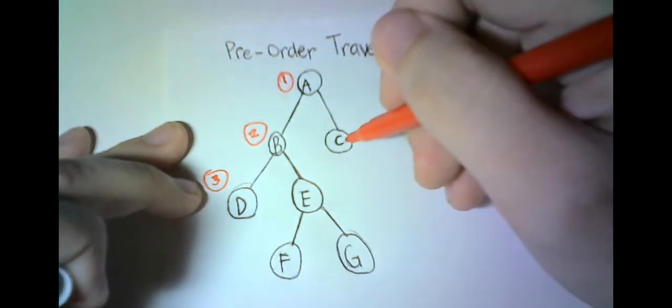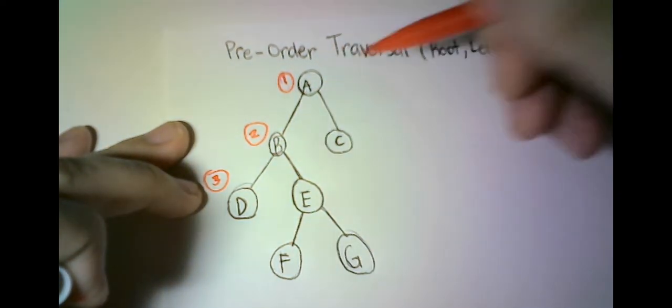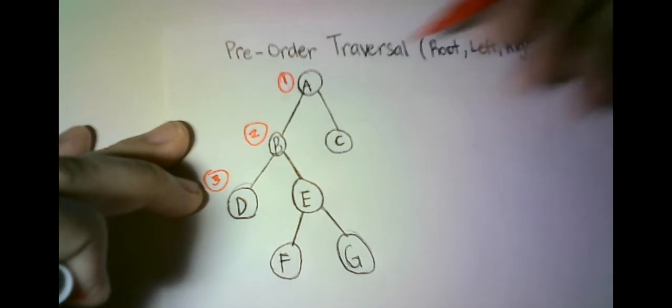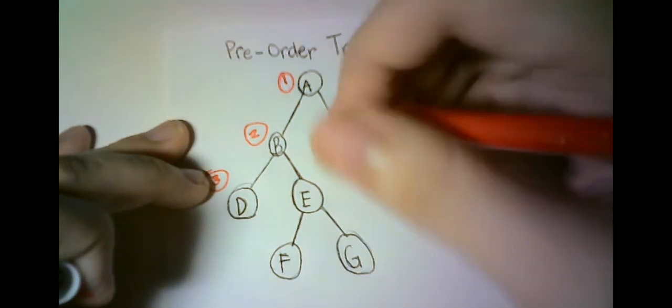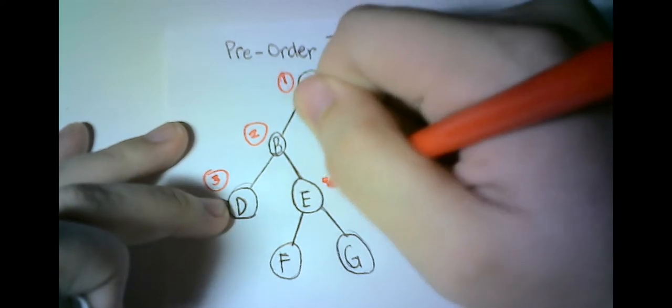It doesn't go to C here because B still has children nodes. Following the format, root, left, and right, now we are down the left, which is node D. Then we go to the right, which is E. So this will be our fourth.